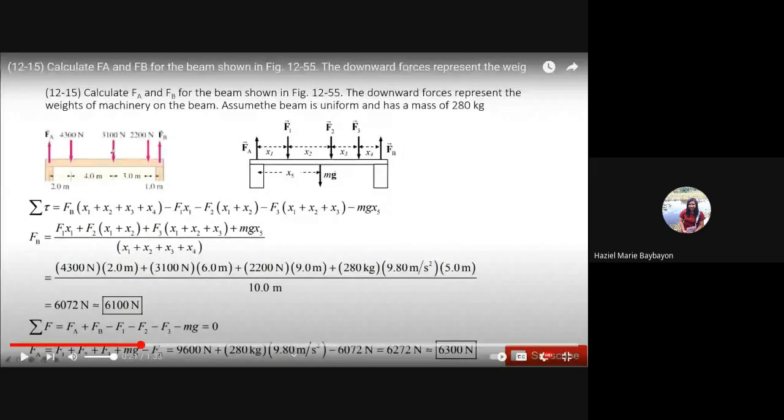Can you include this one? So again, you have 250 times 9.8 times 5. What is it, class?